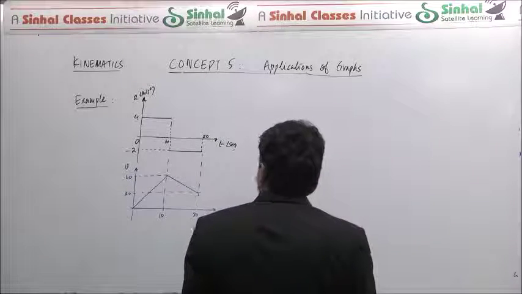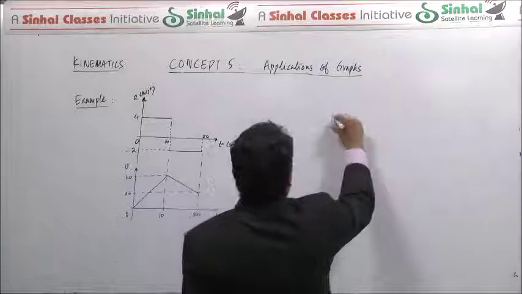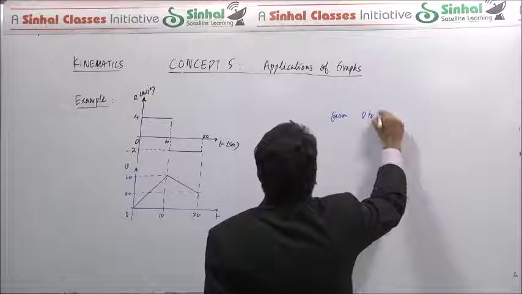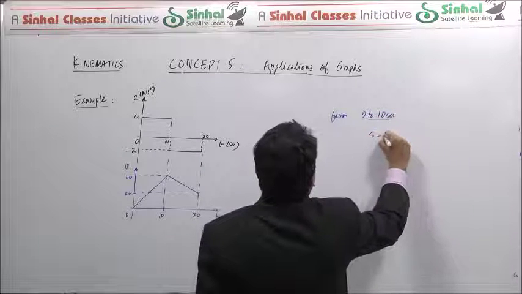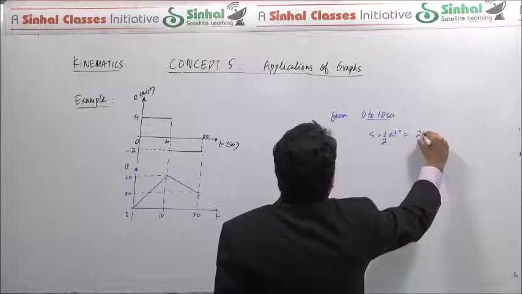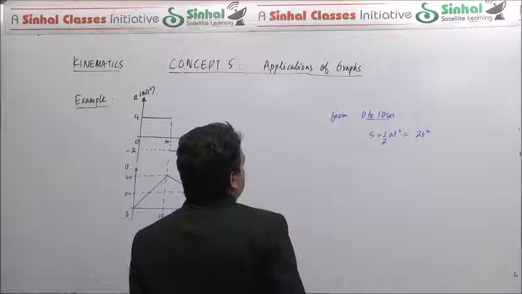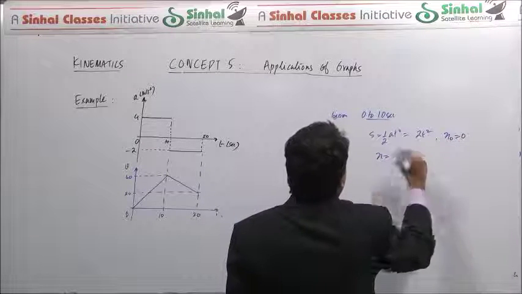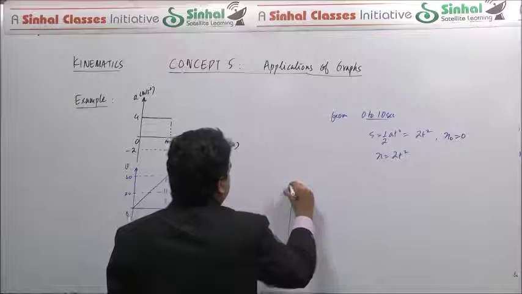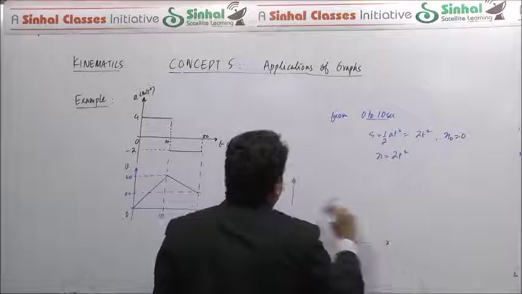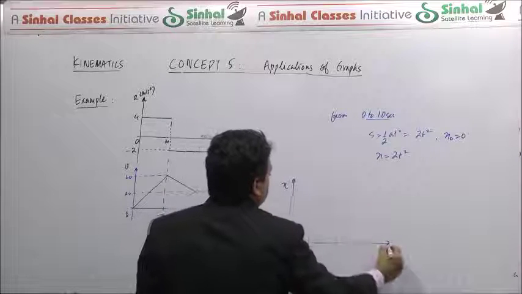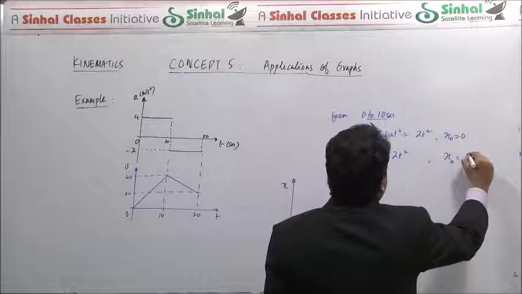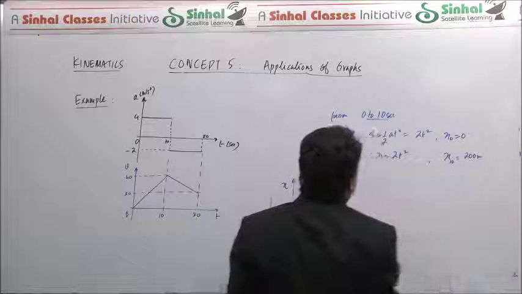Now looking at the position versus time graph, from 0 to 10 seconds, displacement is half a t square, that's 2t square, and initial position is 0, so position itself is 2t square. So we can see that x at 10 seconds will become 200 meters.